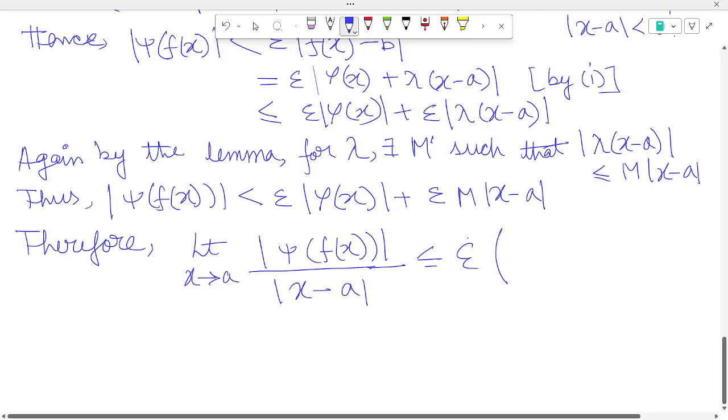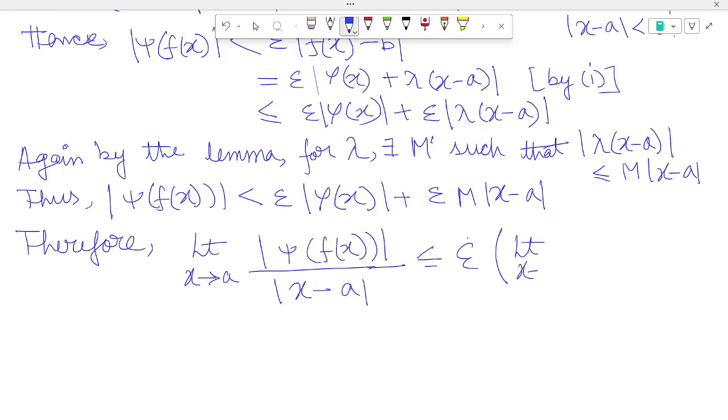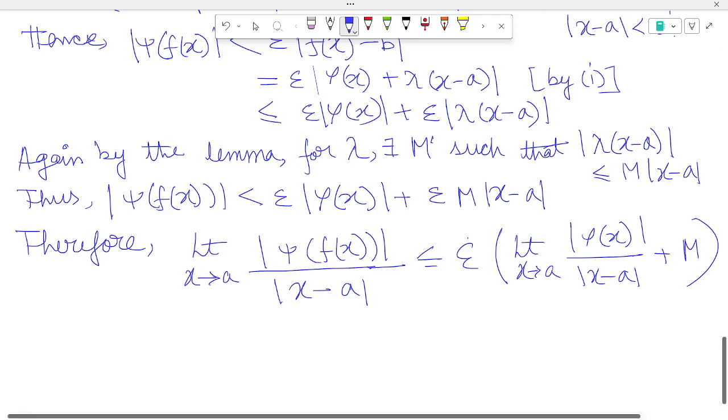If I take epsilon common, this will be plus m, I think, right?